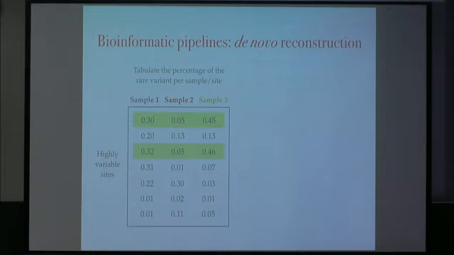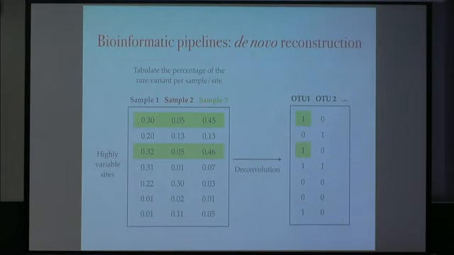For example, if you see that these two sites always seem to have a one-to-one relationship, that would be suggestive that there is a single bacterium that has the rare mutation in this site and in this site.